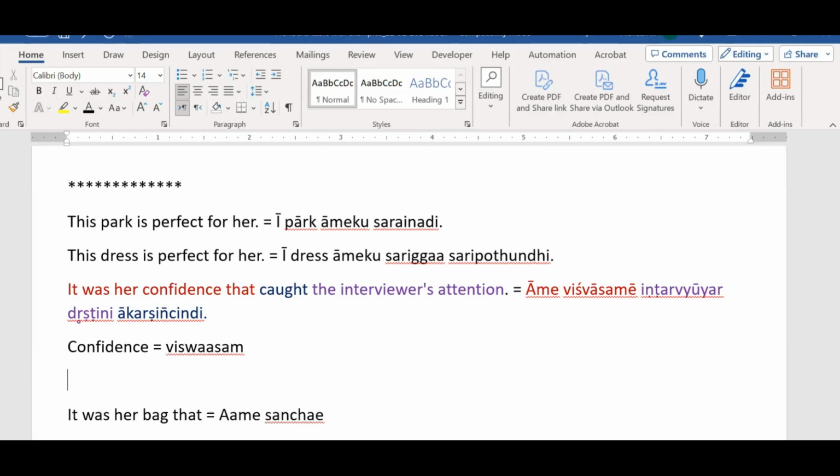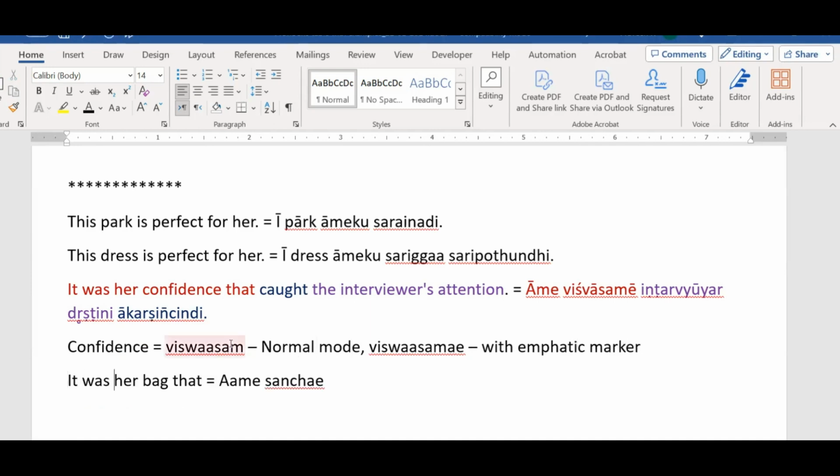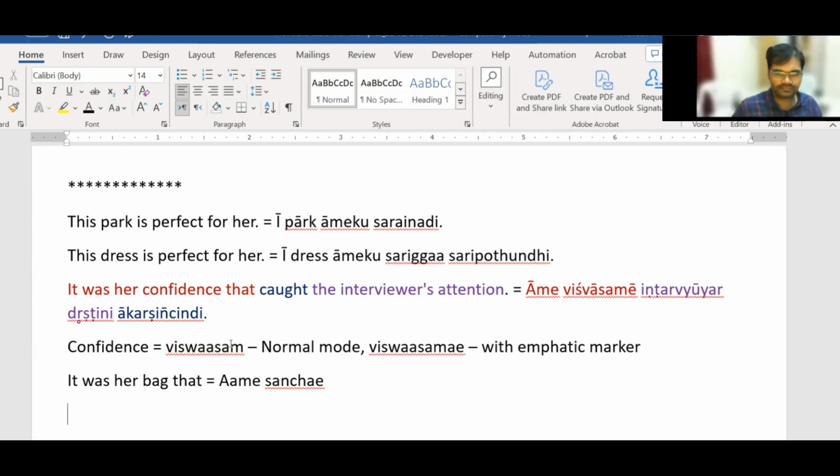But when you want to say it in normal mode, "Viswasam". And "Viswasame" is with the emphatic marker, to highlight that thing. So, it was her bag that, "Ame sanche". So similarly, "sanchi" bag means, let me copy this one.